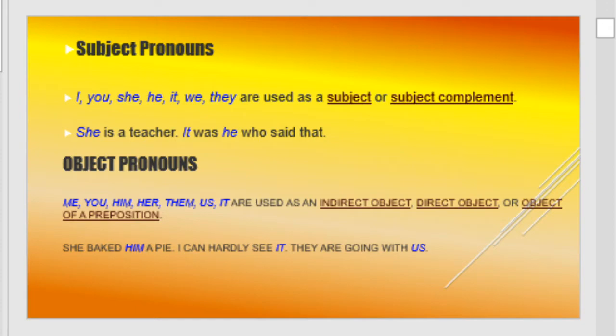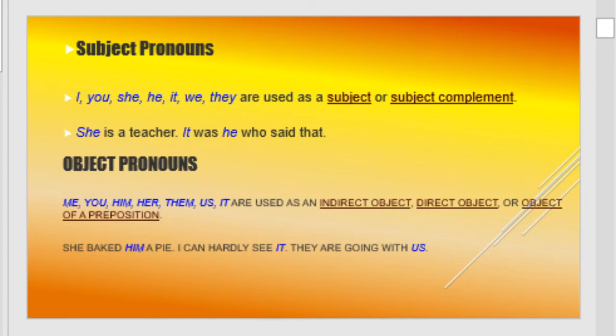Most of the time, or always, they are used as a subject. They cannot be an object. So I, you, she, he, it, they, we are used as a subject or subject complement. She is a teacher. It was he who said that.